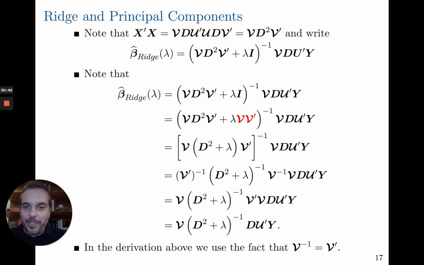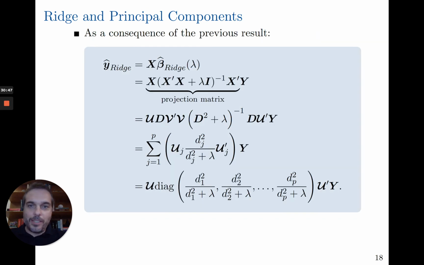So the prediction of the ridge will be the sum of j equals 1 up to p of u_j, the elements of this matrix U, times this ratio, u_j prime y. So it is U times a diagonal matrix, where in the diagonal you have the ratios between the eigenvalues of X prime X and the eigenvalues plus lambda.